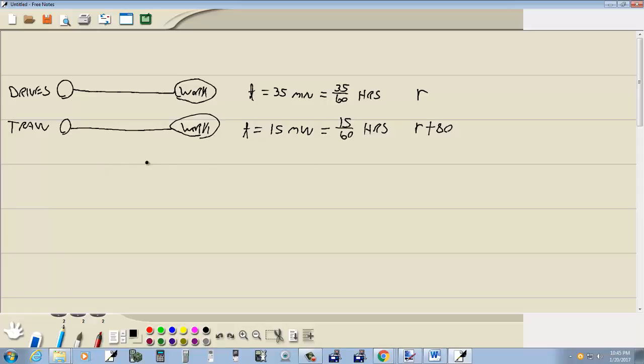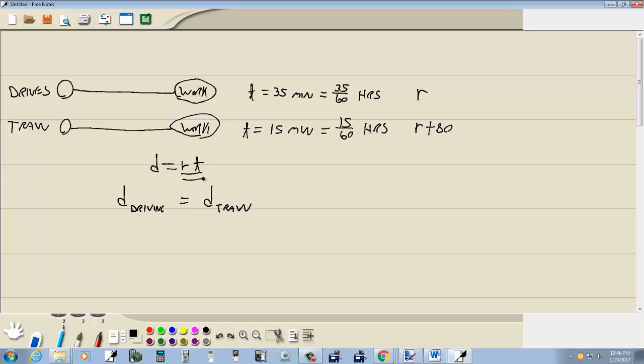Now our formula is distance is equal to R times T. Notice that the distance, whether he drives or takes the train, is the same. So the distance driving is going to equal the distance by train.